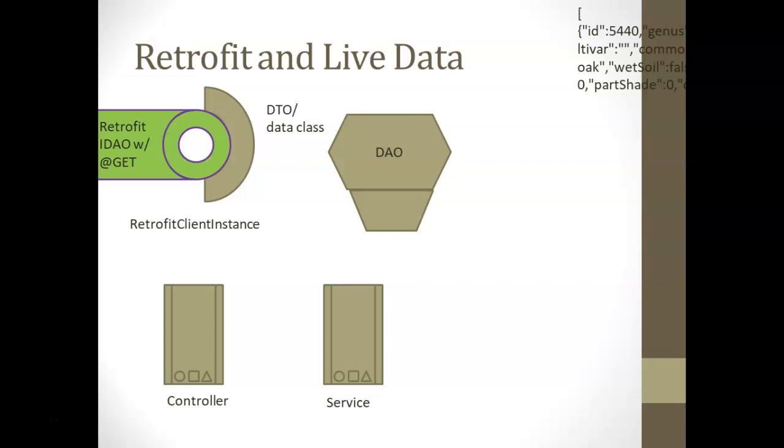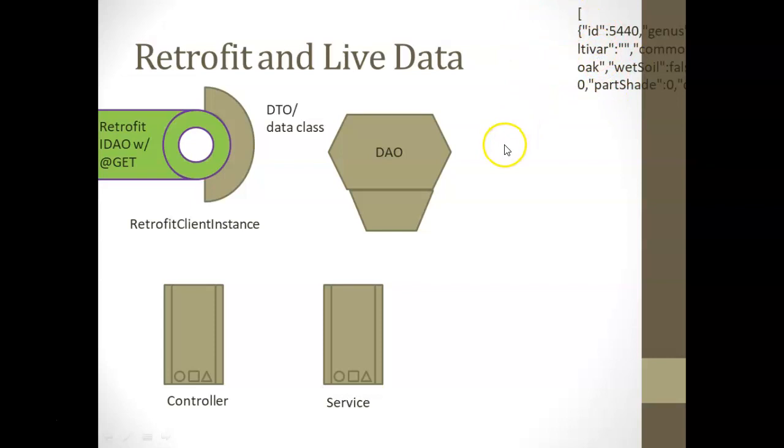But Retrofit will actually create the implementation of that method. So you're just creating the method name. Retrofit behind the scenes will essentially create kind of like an anonymous class that implements that method. So what you'll do is above that method, you'll use an @get annotation to say this is the endpoint that I want to access. The endpoint is where you're going to find your JSON data.